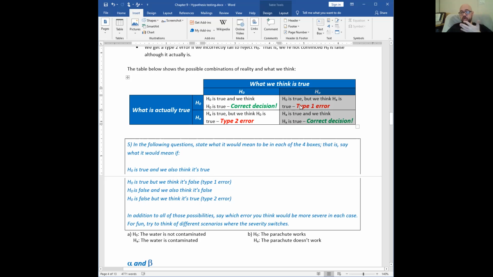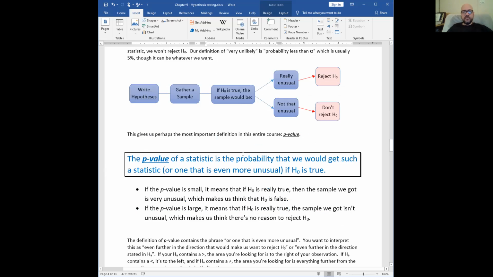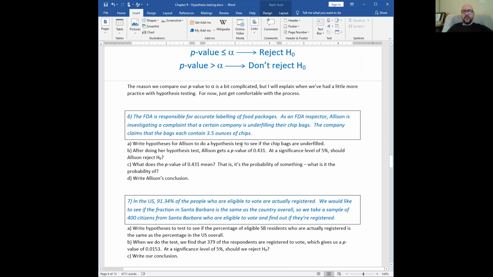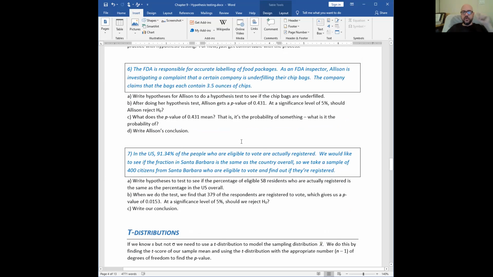If it is not actually true, then we've made a type 1 error, but that's the only option, right? This is not a thing that we could get because we don't think the null is true. So once you have made a determination about what you think is true, only one of the two errors is possible, right? Before you make the determination, you could theoretically go either way and you could be making either error. But once you have made the determination, then there's only one of the two errors.